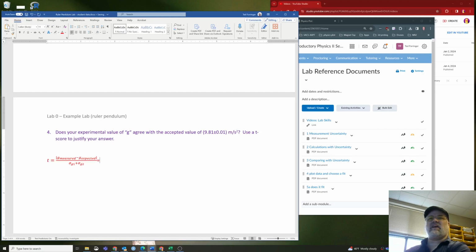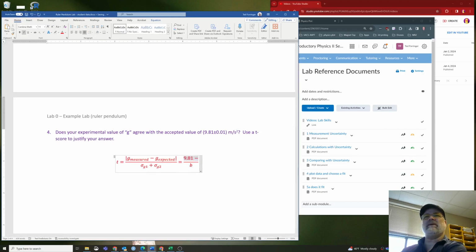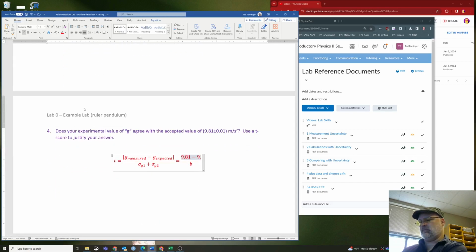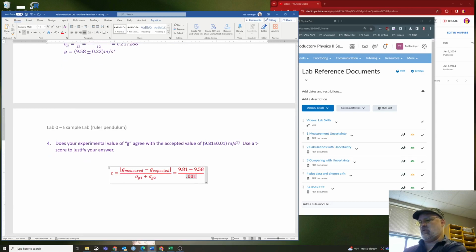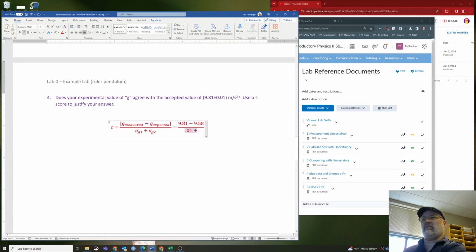So in this case, this is going to equal 9.81 minus 9.58, divided by the uncertainty in 9.81, which is 0.01, plus the uncertainty in 9.58, which is 0.22.